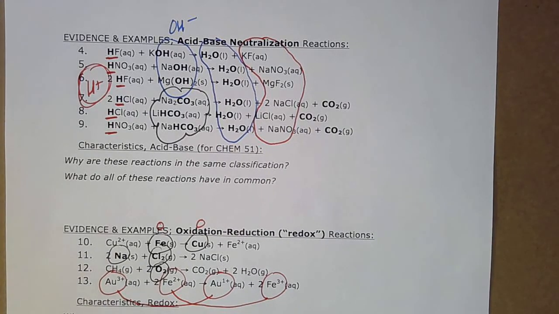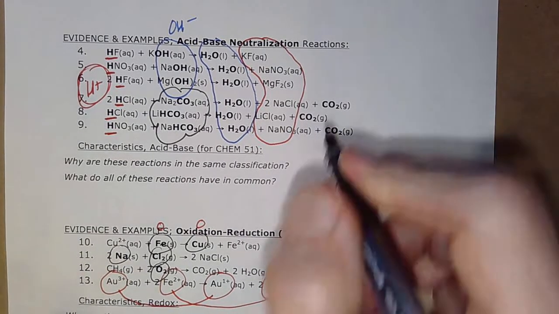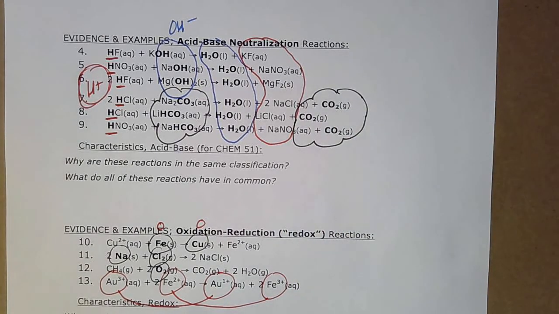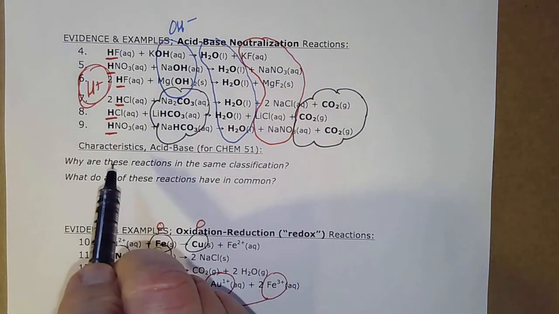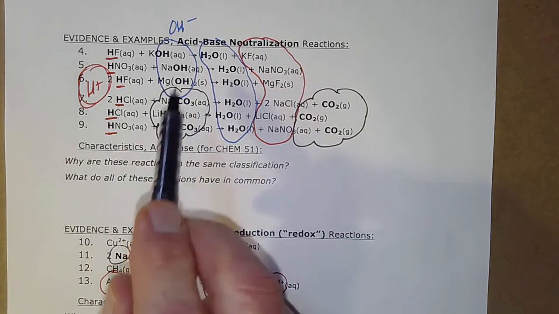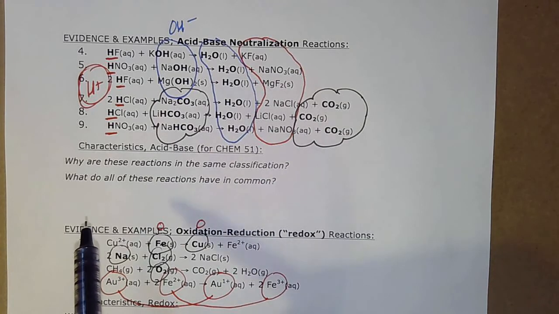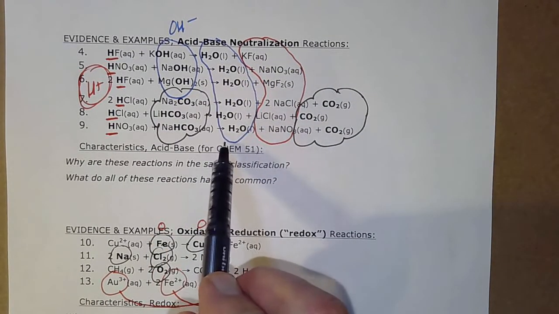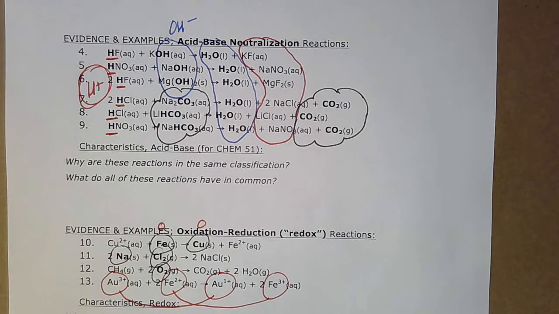And sometimes, not always, but sometimes we get CO2. So we said, okay, well, I see an acid over here. I'm not exactly sure about the base part here, but hydroxide I know from chapter 3 is a base. I'm always getting an ionic compound. I'm always getting water. And sometimes I get fizzing from CO2.